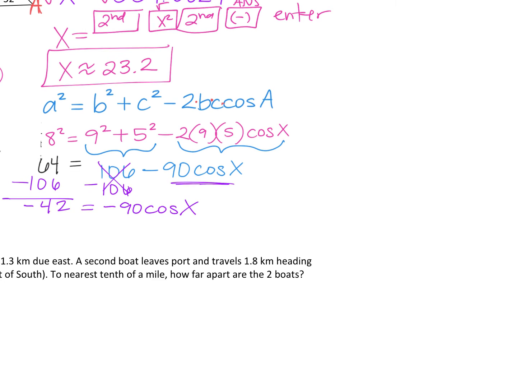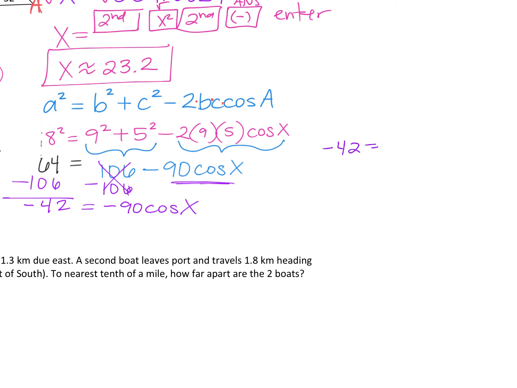I'm going to rewrite this over here because I feel like it's a little messy. Okay, what's your next step? Divide, okay? Right now it's negative 90 times the cosine of x. Do the opposite. So divide by negative 90, divide by negative 90.